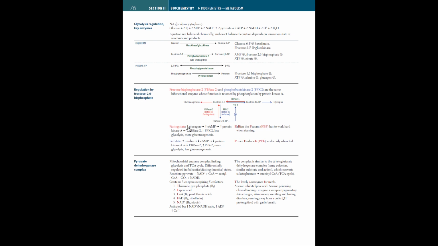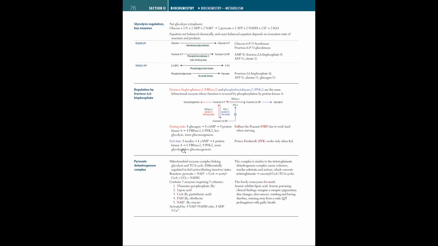Now in the fasting state, there are high levels of glucagon, which leads to high levels of cAMP, which in turn leads to high protein kinase A, increasing the enzyme FBPase2, which is fructose bisphosphatase 2, and decreasing PFK2, which is phosphofructokinase 2, leading to less glycolysis and more gluconeogenesis.